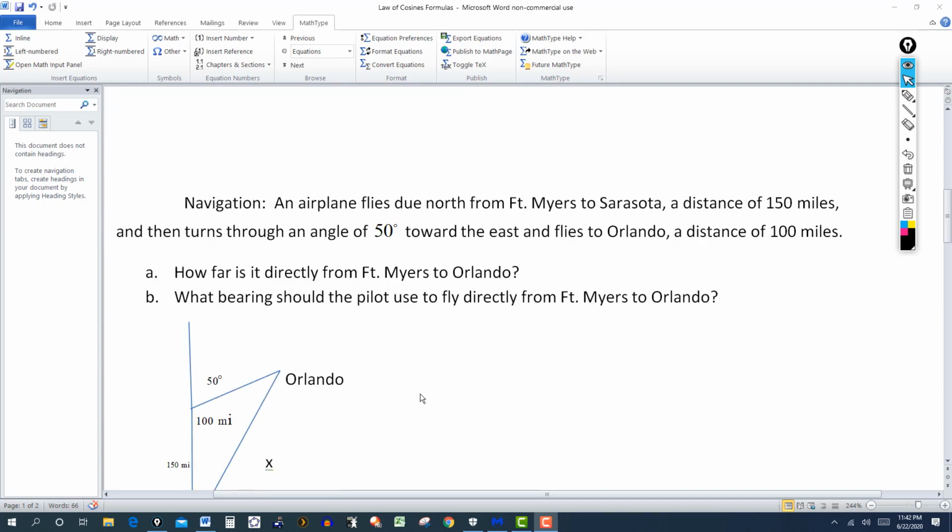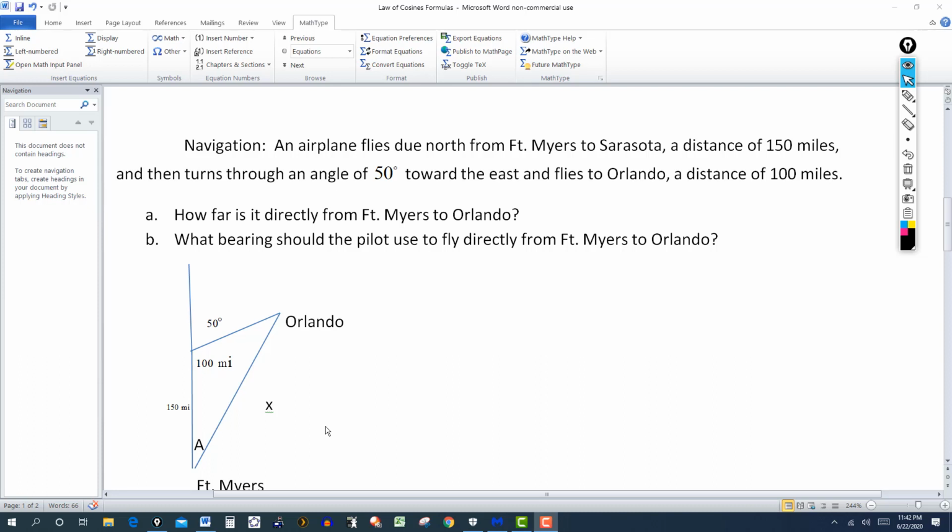So here we have it. At this point here, that's Fort Myers, and over here in this direction is Orlando. The plane starts here at Fort Myers and flies north a distance of 150 miles, and then turns 50 degrees toward the east.